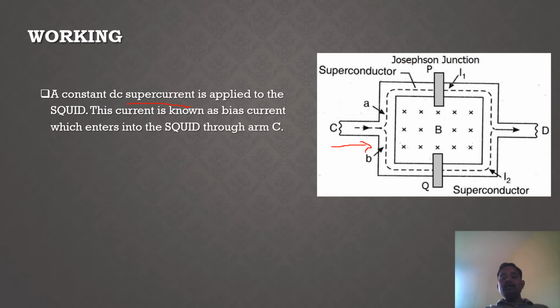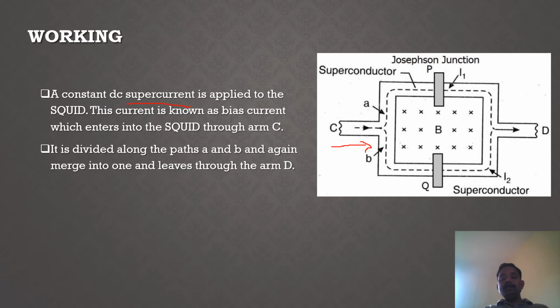This current is known as the bias current, which enters the SQUID through arm C. Next, this current is divided into two parts, path A and path B, and then it emerges at the end at point D. Again, the current is divided along path A and path B, and merges into one and leaves through arm D.